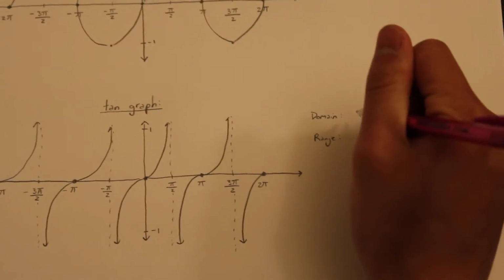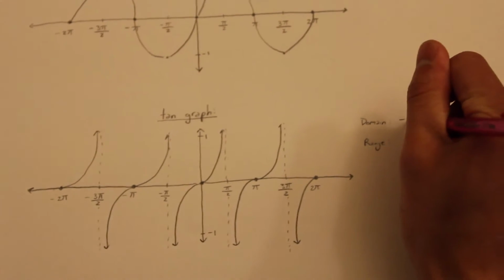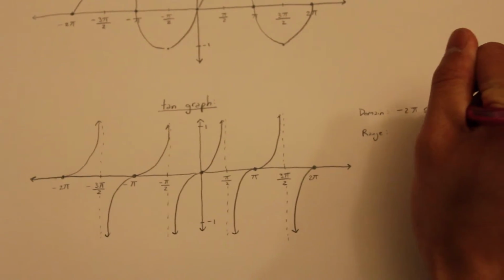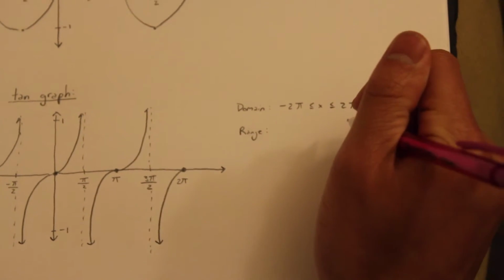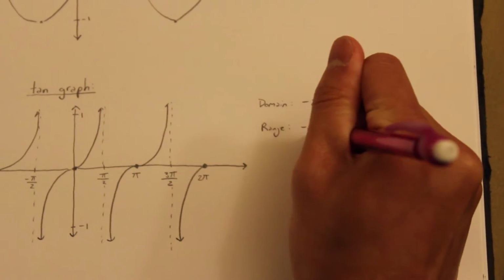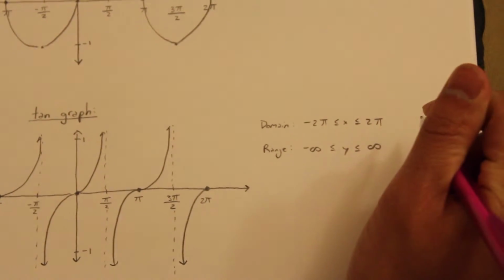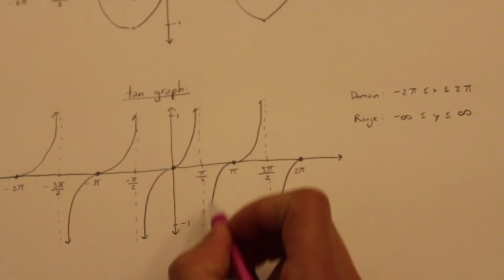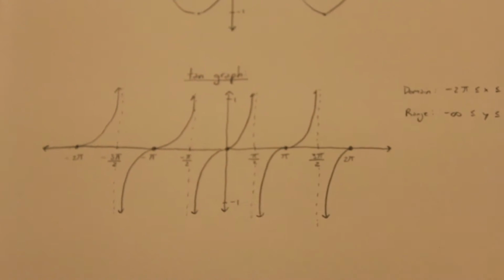I could keep on going, but the domain of this graph is from negative 2 pi to 2 pi. And the range is negative infinity to positive infinity, because the y values are approaching the asymptote, but they never touch.